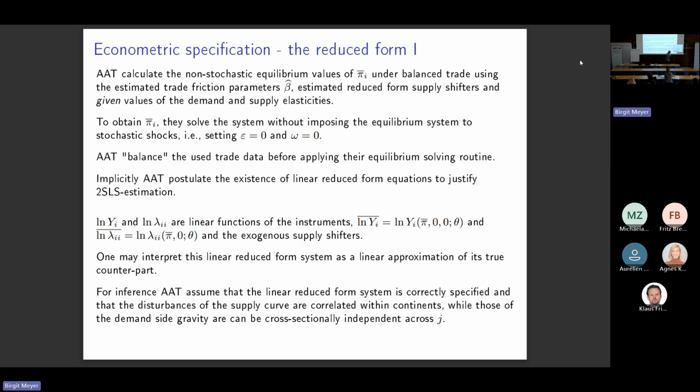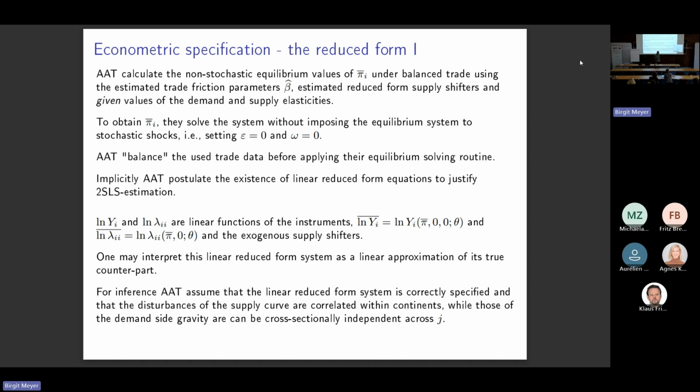We go on next and say, well, the first demand equation is easily estimated. Let's concentrate on the supply equation. They devote quite a lot of space in their paper on how to construct the instruments.